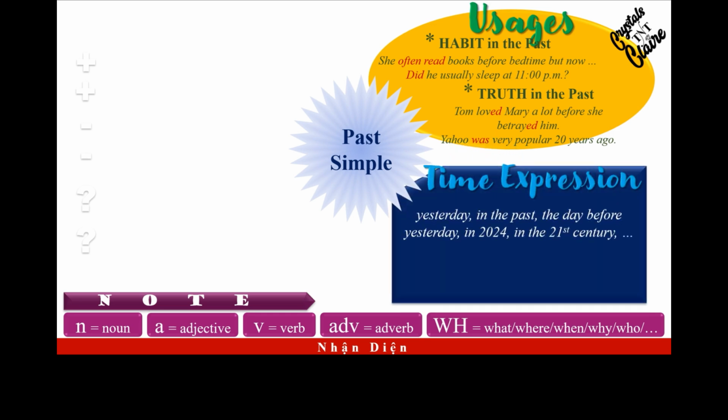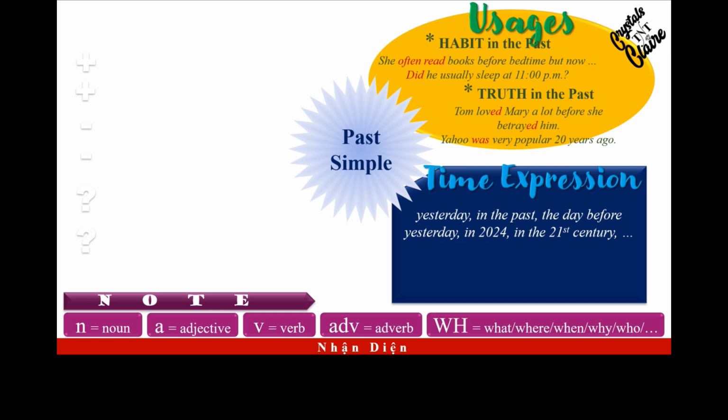Time expression. So whenever you see yesterday, the day before yesterday, and a year in the past, like in 1999, in the 21st century, in the 20th century, yes, it's the past already. Currently we are in the 21st century.